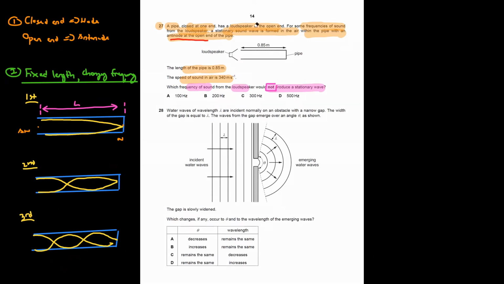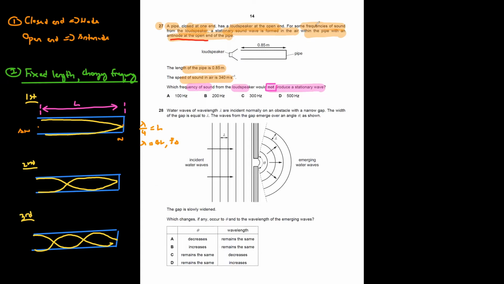So lambda over 4 equals L. All right. And this one occurs at frequency F0. So lambda equals 4L, occurring at frequency F0.